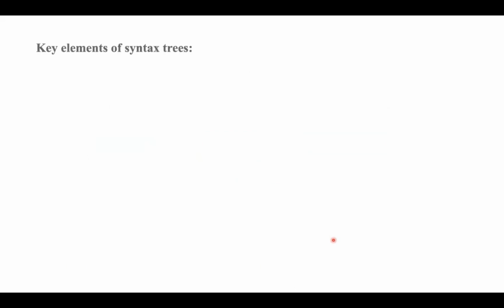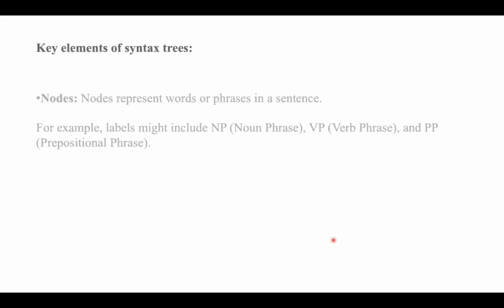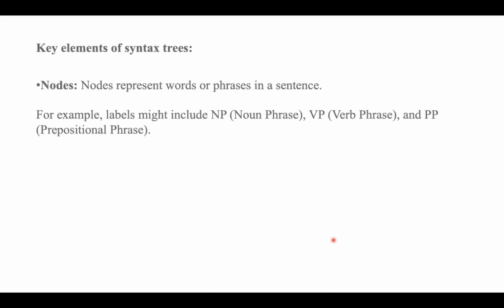So let us see the different elements of syntax trees. The first one is the nodes. This representation is similar to the normal tree representation, the trees which we saw in data structures. So terms like nodes, edges, root node, leaves, etc. will be used here. Nodes mainly represent words or phrases in a sentence.